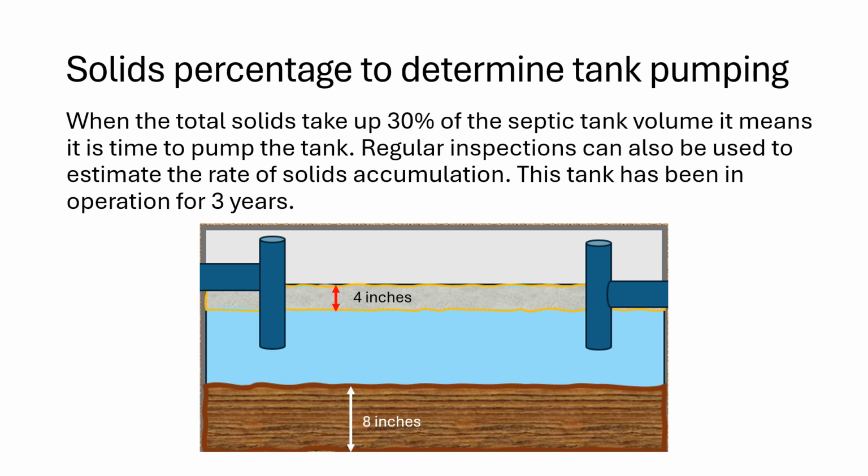Also, we may be able to estimate the rate of solids accumulation, and we're going to do an example with a septic tank that had the measurements like the one represented on your screen now, where we have a scum layer that's 4 inches thick and a sludge layer that is 8 inches thick. And keep in mind that this tank has been in operation for 3 years. So we're going to use all that data in an example to do some calculations now.